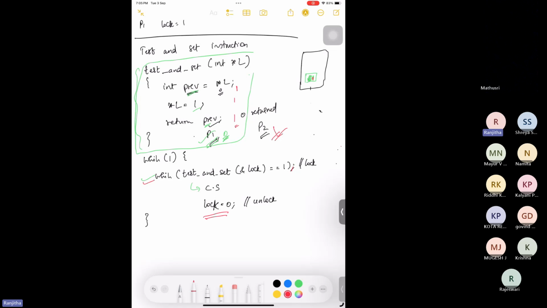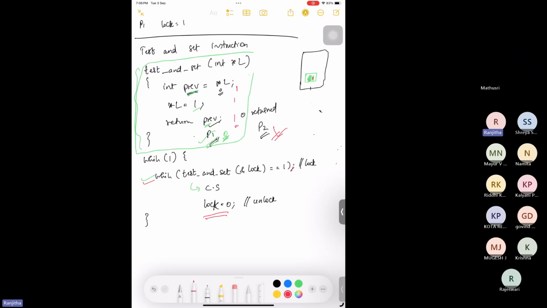Okay, so why does this work? If two CPUs execute, like in a multi-core environment, if P1 is on CPU 1 and P2 is on CPU 2, and both CPU 1 and CPU 2 are executing this test and set at the same time, the hardware ensures that test and set does both its steps before the other one starts. So it is taken care of at the hardware level.